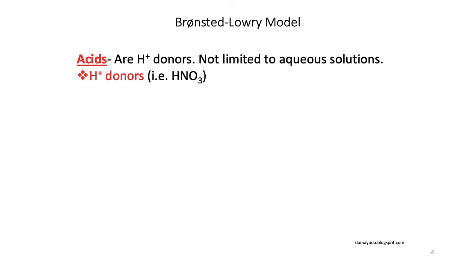Those cover a very specific, small number of acids and bases. The Bronsted-Lowry model expands on that to include other acids and bases that do not necessarily release H plus or OH minus in solution, but still act as an acid or a base.